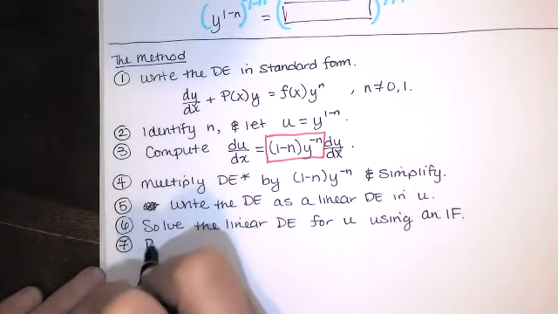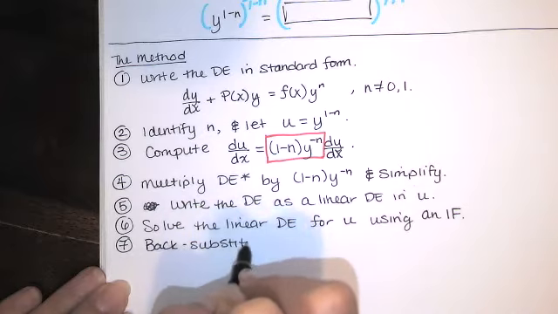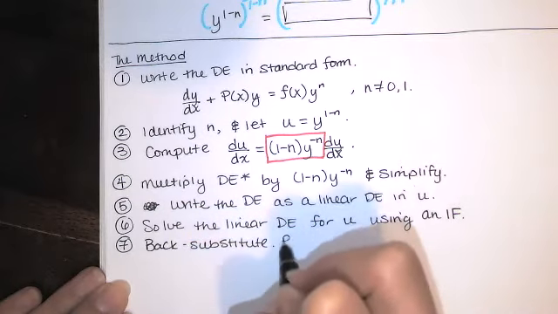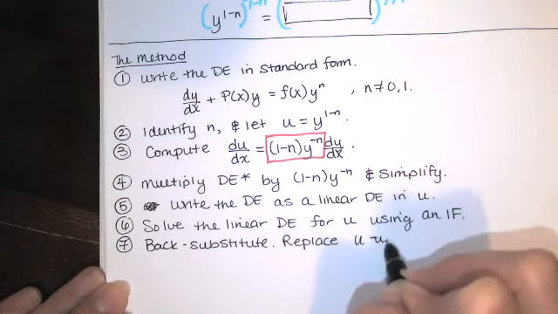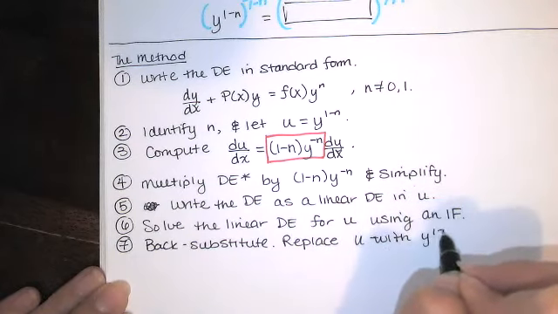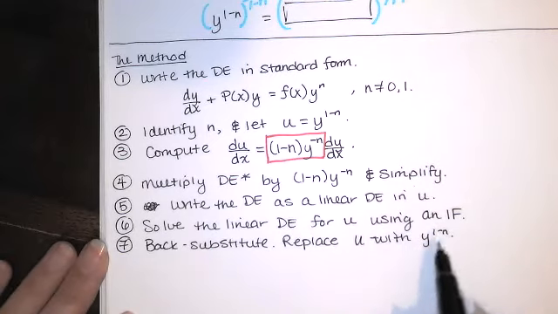Then you're going to back substitute. Again, that's just a replacement. You're going to replace u with y to the 1 minus n. And then you're going to isolate y. So whatever that power is, you're going to get rid of it. If that was y cubed, I'd take the cube root of both sides. If that's y to the 5th, I'm going to take both sides and raise it to the 1/5 power.